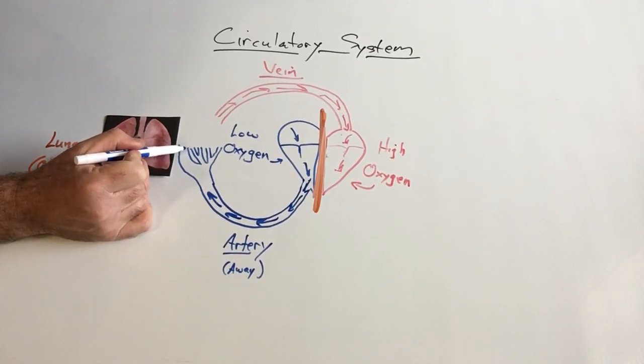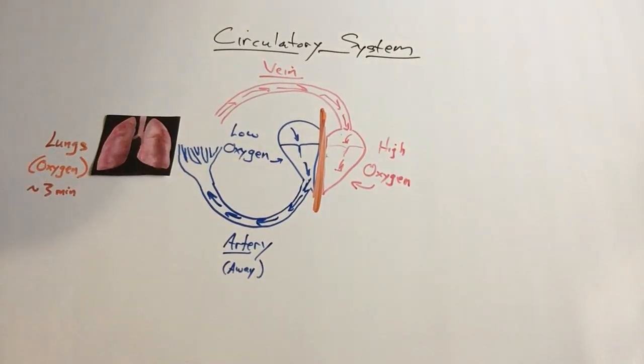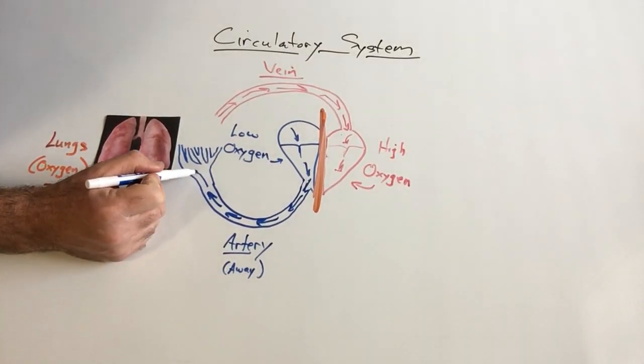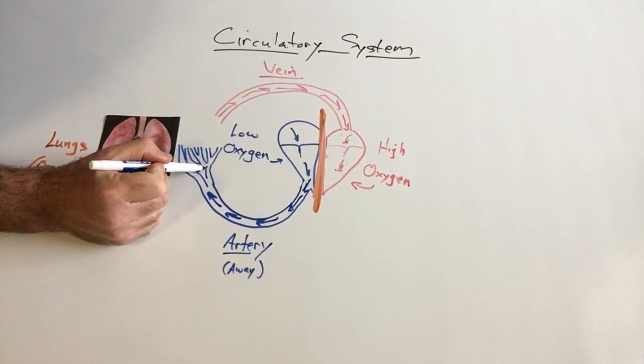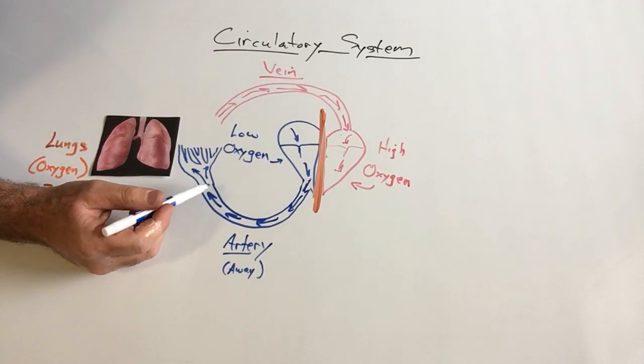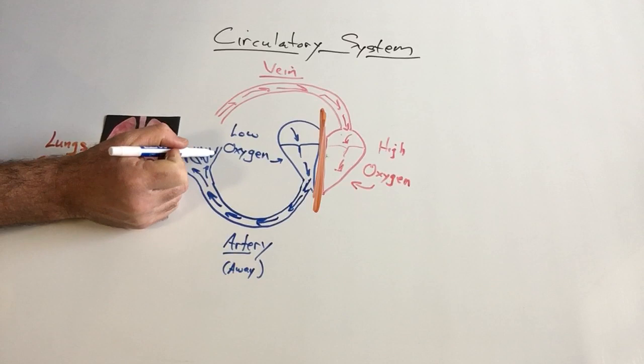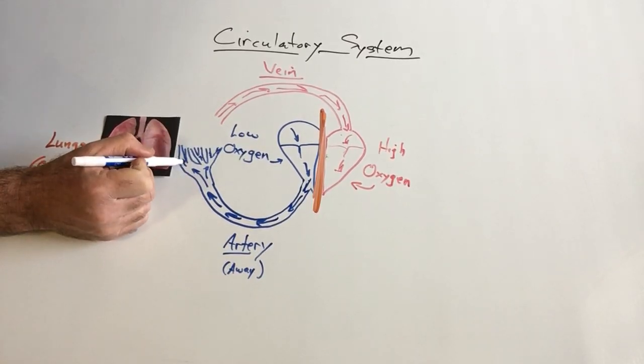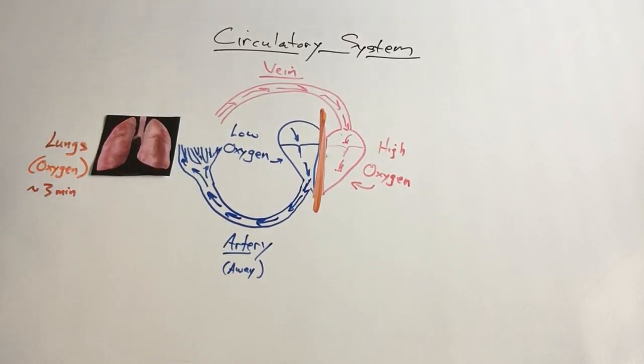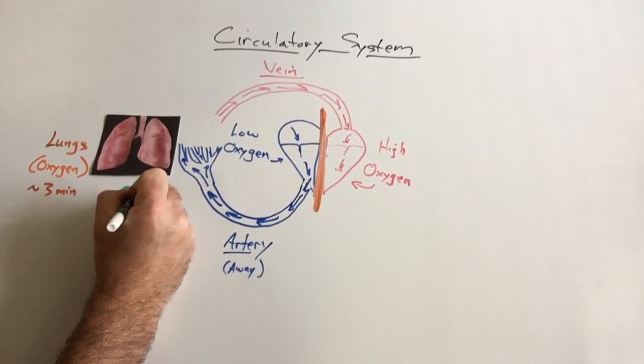Red blood cells actually fit through capillaries single file. We'll talk more about that in a later video. The blood goes through all these tiny little paths. All these tiny little paths are called capillaries.